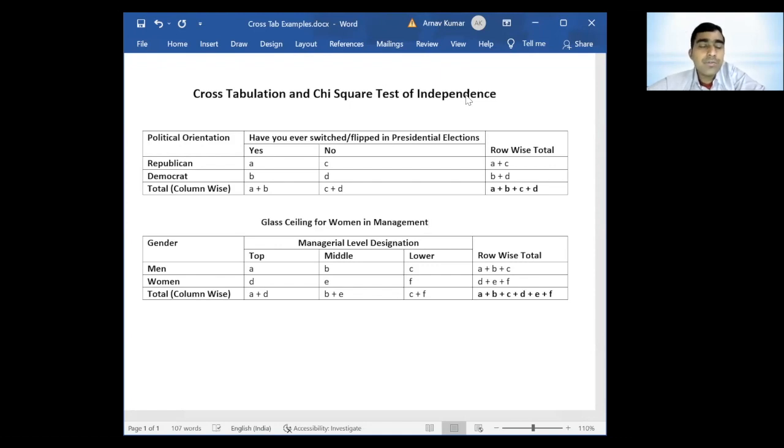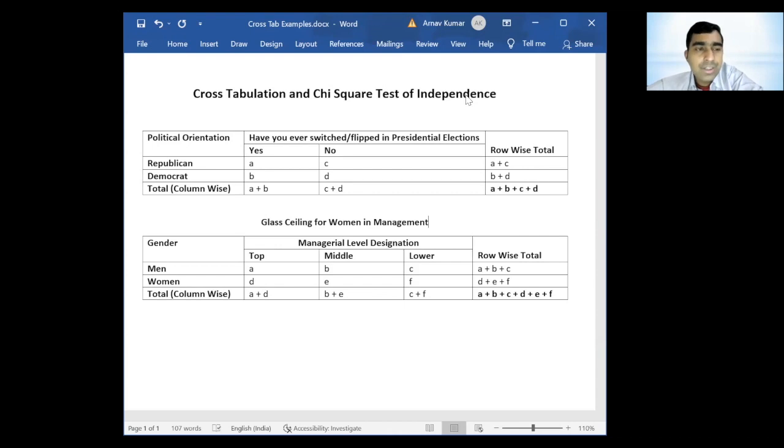So we need to find out: is there any difference, or is it the same? There will always be a small fraction of voters in both who will switch. But we want to compare whether the proportion of voters who switch is the same for both political parties, or is it more in Republicans, or more in Democrats.